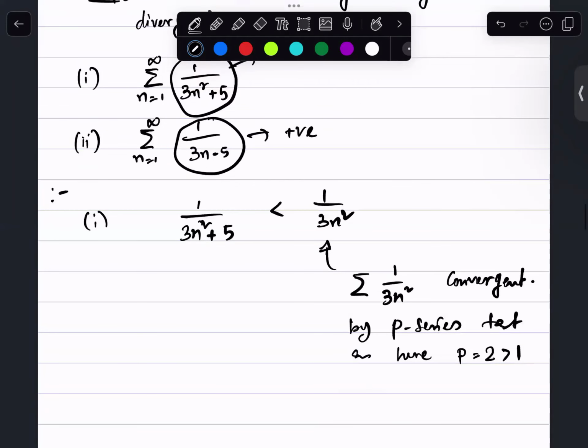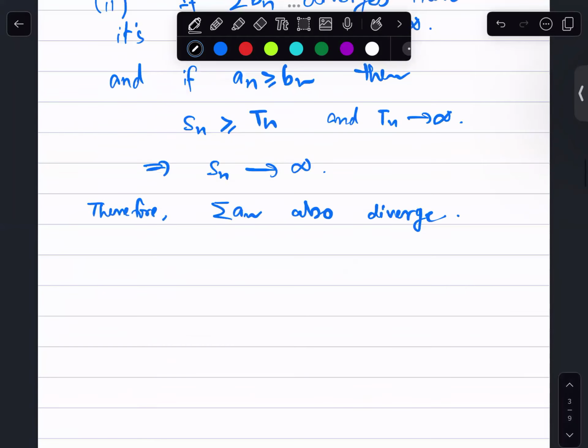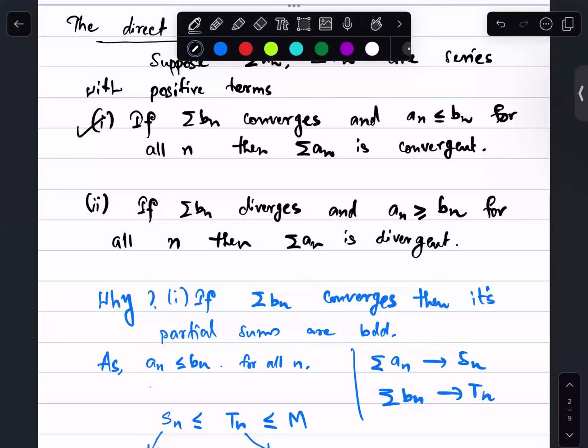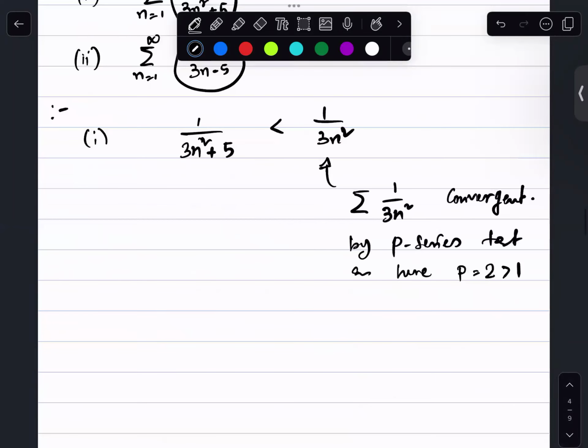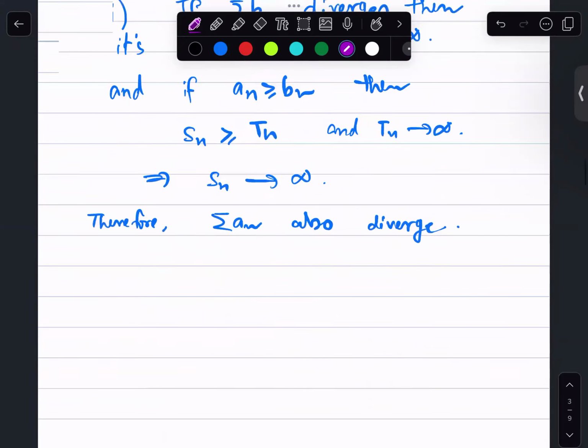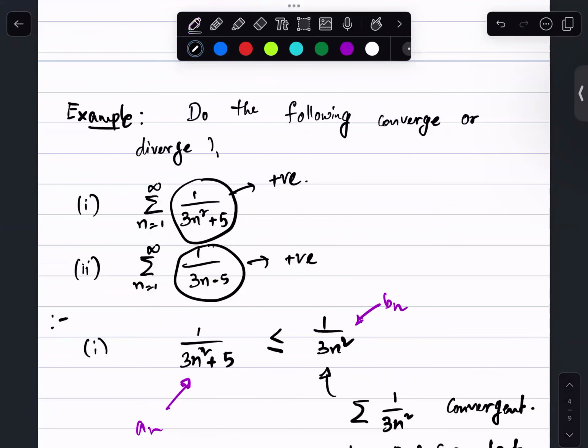Okay. So if you compare with result 1 there, I have this inequality, an is less than or equal to bn, right? Here this is my an, this is my bn, and an is less than or equal to bn.